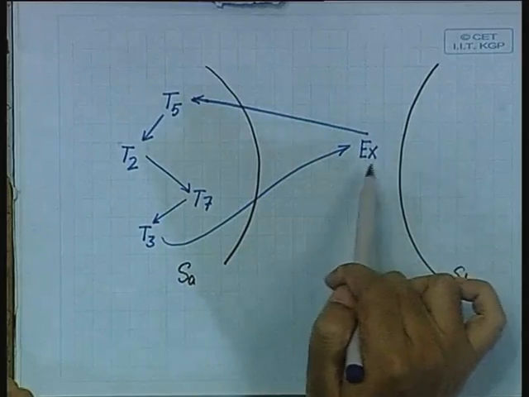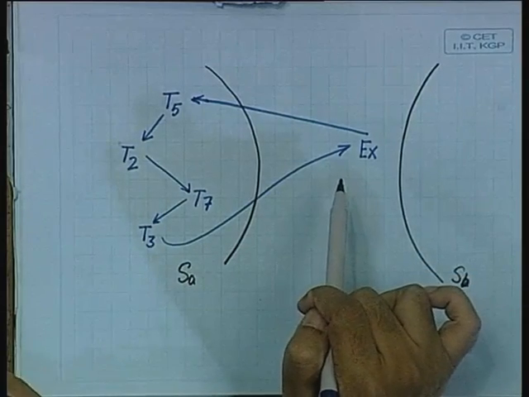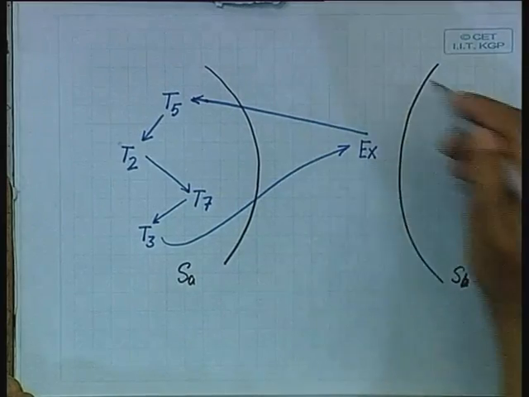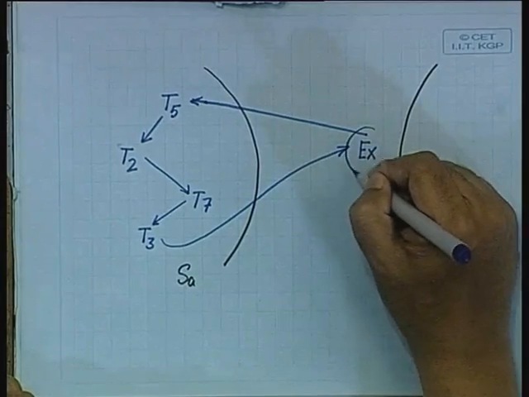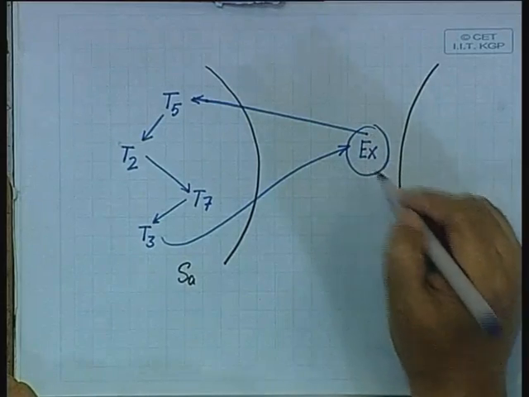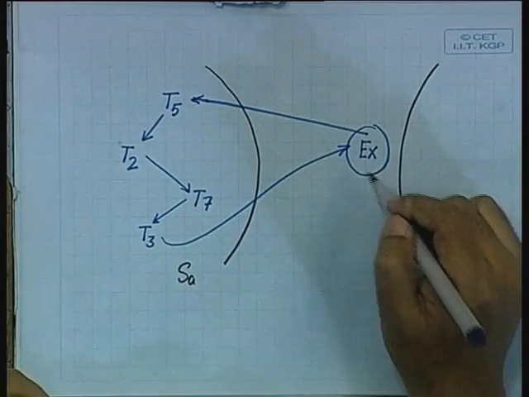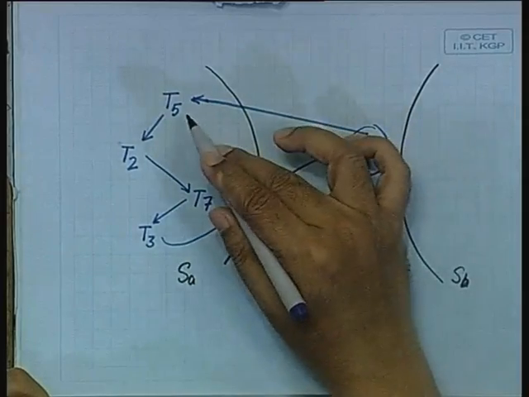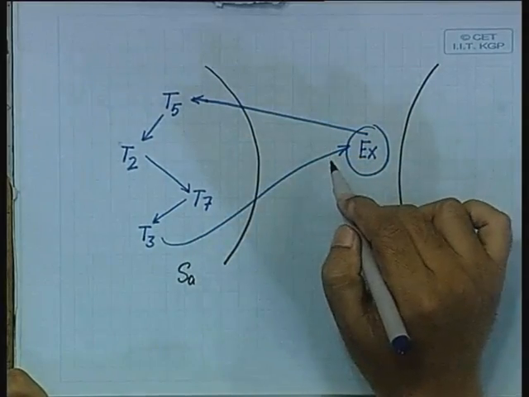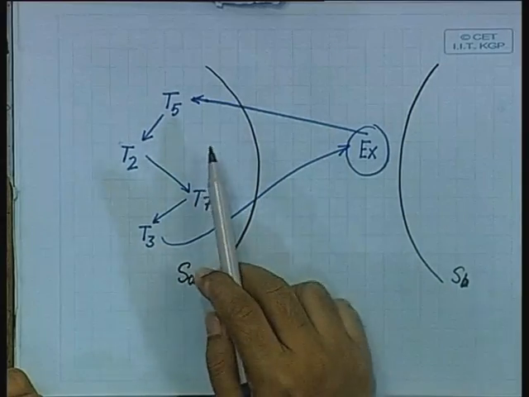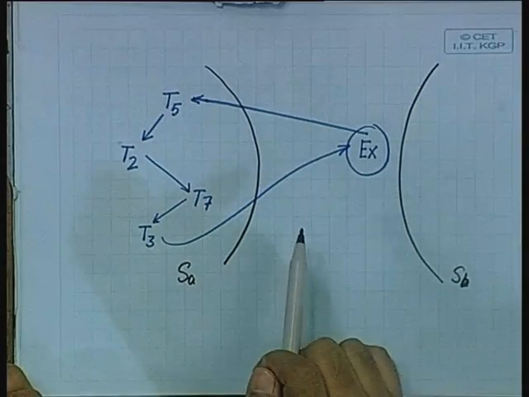Now, this may not be a real deadlock, because we have abstracted out the rest of the world with this special node called Ex. If there is a particular path within this external world from T3 to T5, then that completes the cycle, and the role of the distributed deadlock algorithm is to find out whether there is a cycle through Ex.